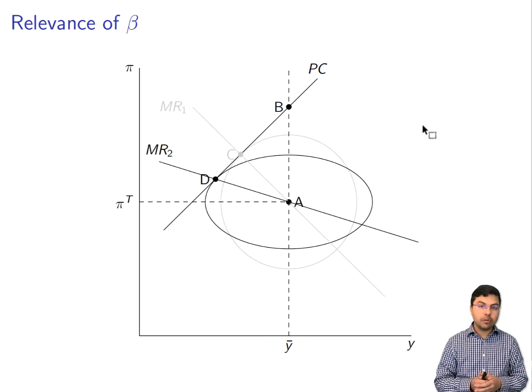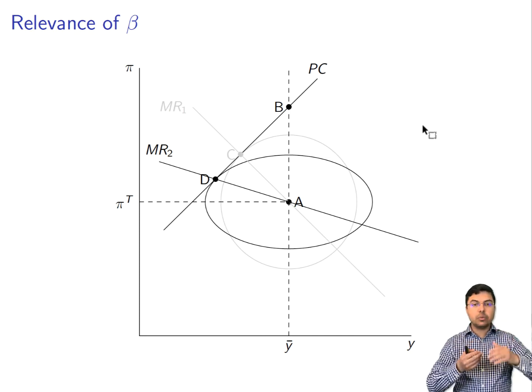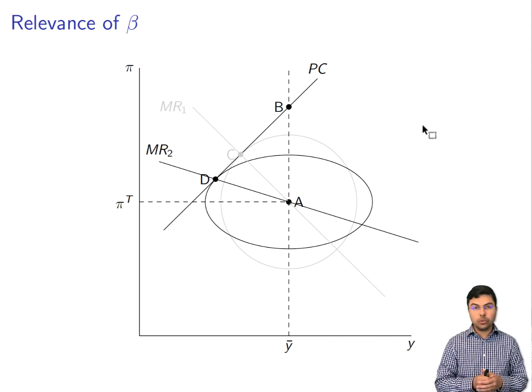Now what happens if the central bank preference parameter beta is greater than 1? As we know from lecture 8.3, in that case, the central bank loss indifference curves are in the form of an ellipse that is stretched horizontally and compressed vertically, as is shown in this figure. What is the consequence of this? For the same Phillips curve, the optimal output inflation combination is given by point D, which is the point of tangency between the Phillips curve and the ellipse.